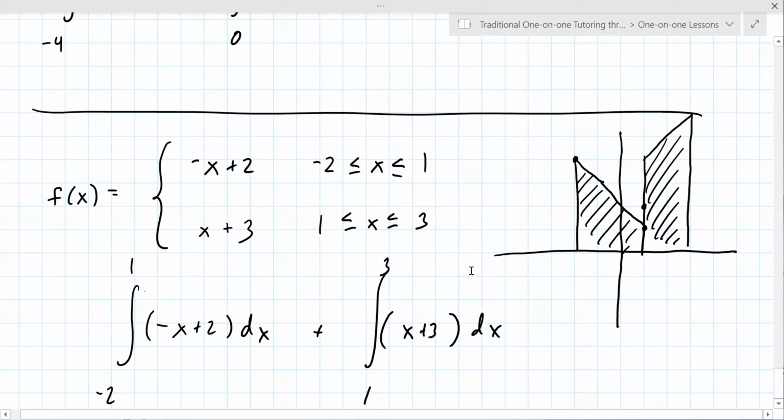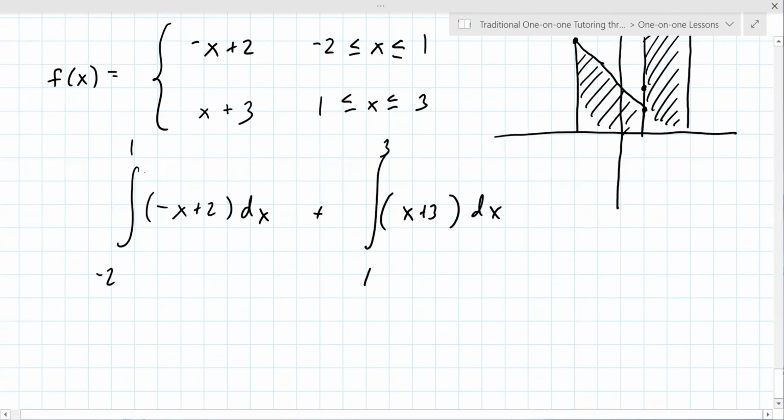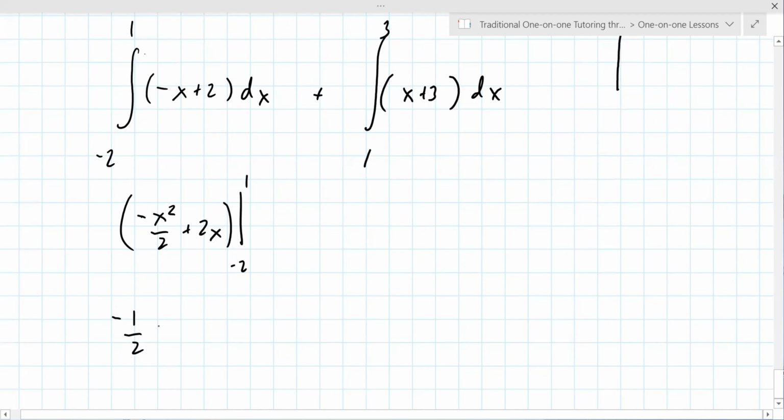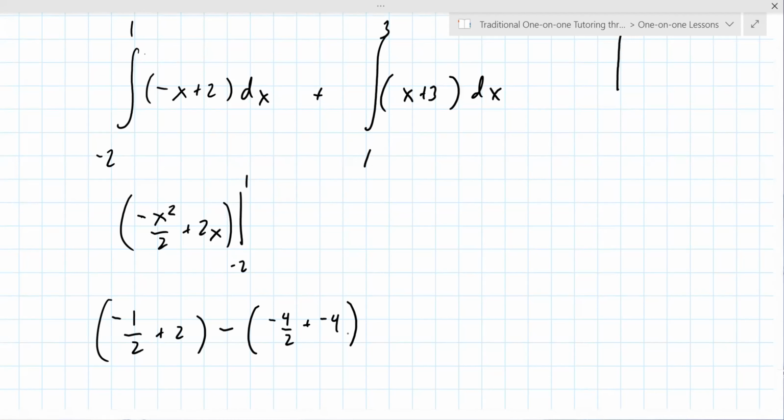Okay, wait. So then it's negative x squared over 2 plus 2x at 1 and negative 2. So then that's negative 1 squared over 2, negative 2 squared.